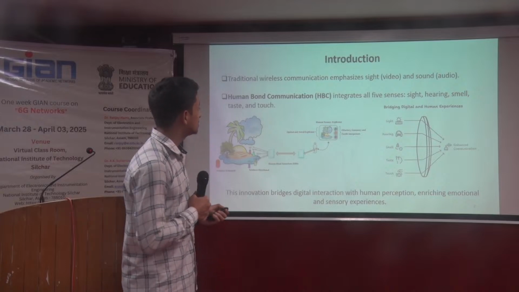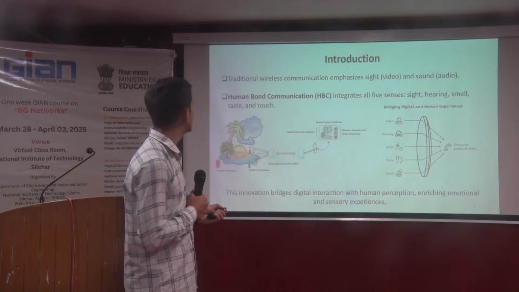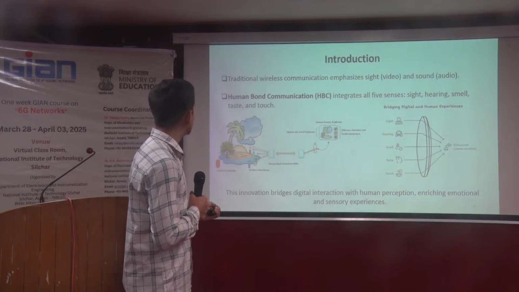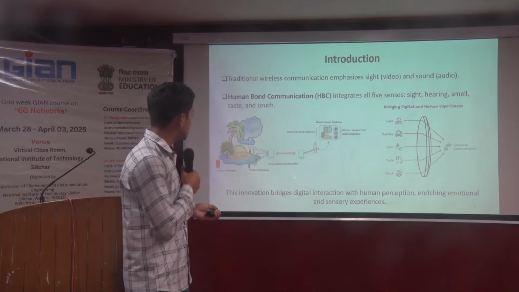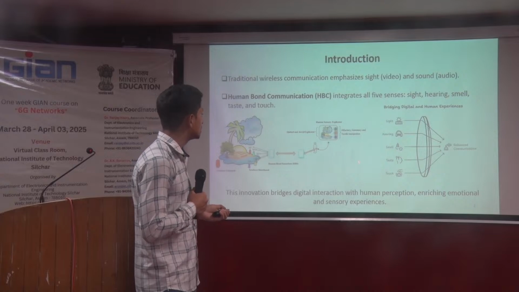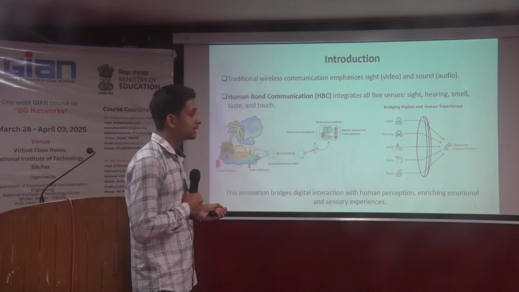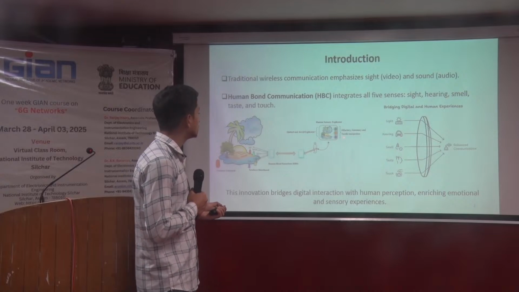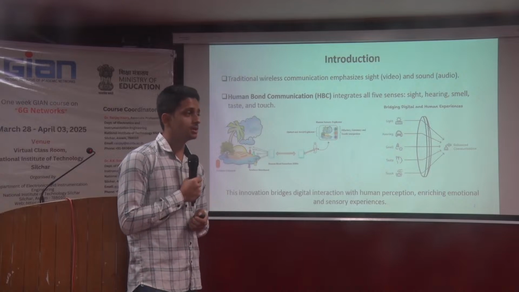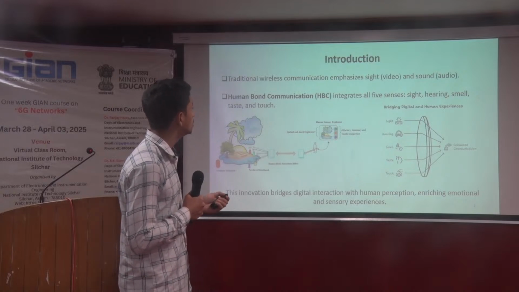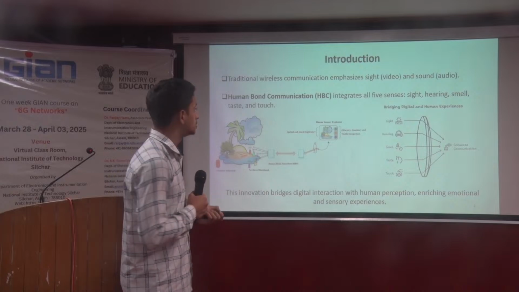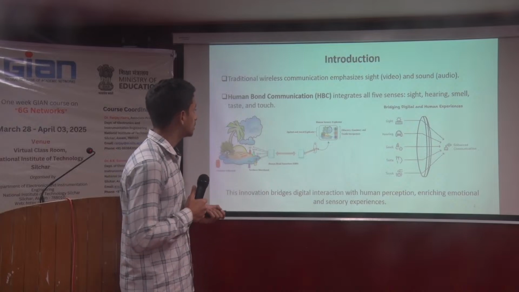So the five senses of communication, here we can see, are sight, hearing, smell, taste, and touch. As I mentioned, in human bond communication we have the inducer, the distributed human bond sensorium and other factors, which are necessary for olfactory, gustatory, and tactile interpreters, alongside the audio and video sense of recognition.